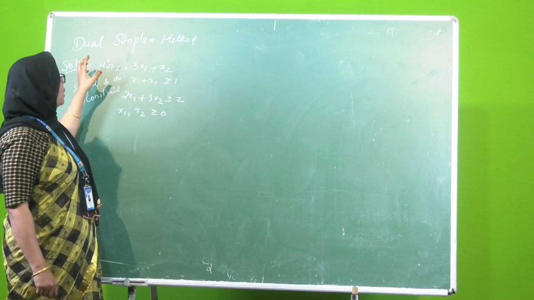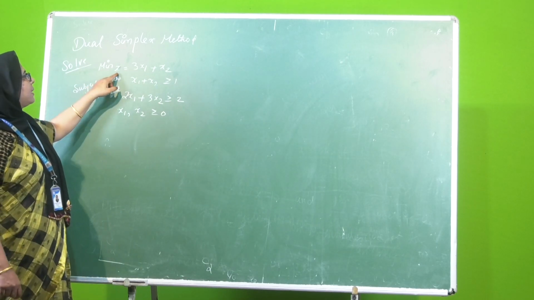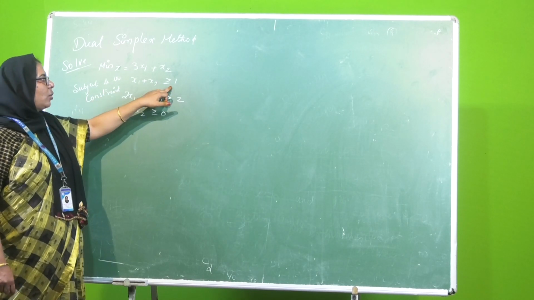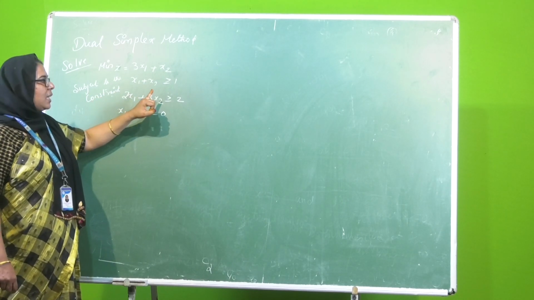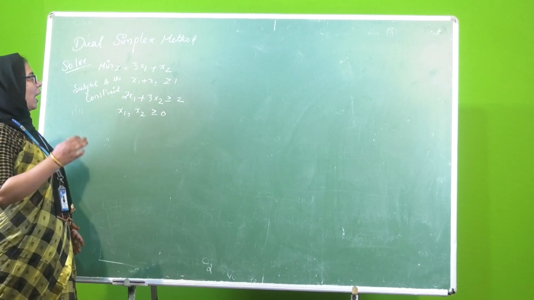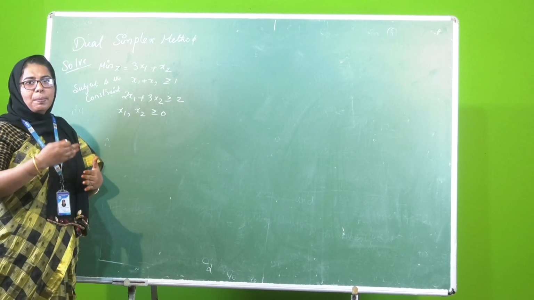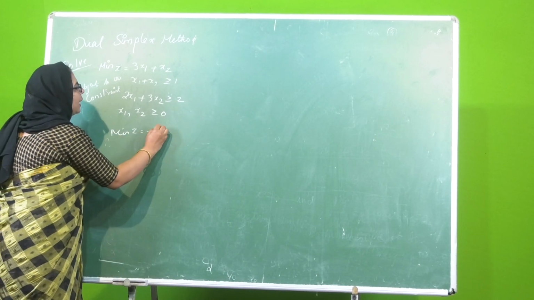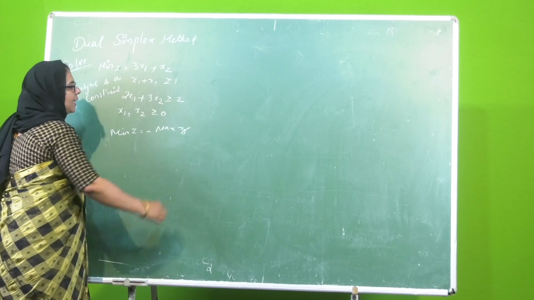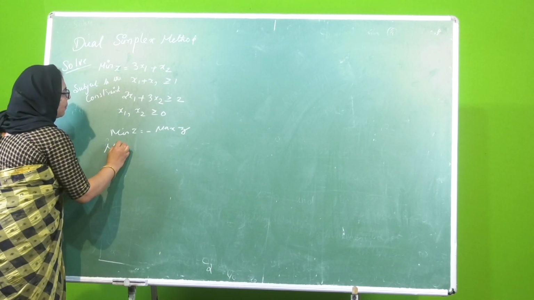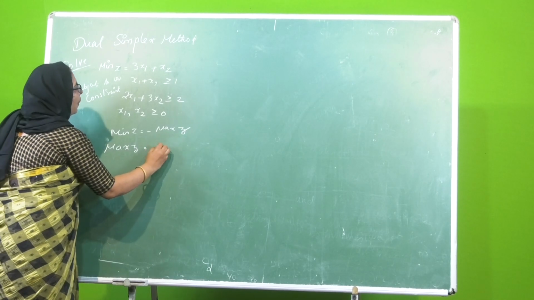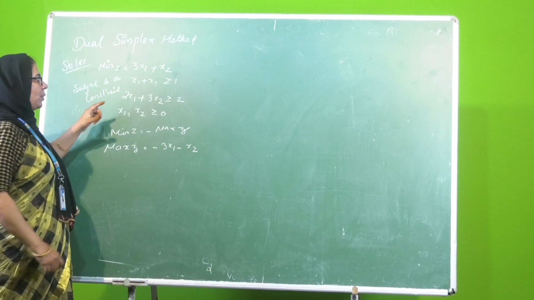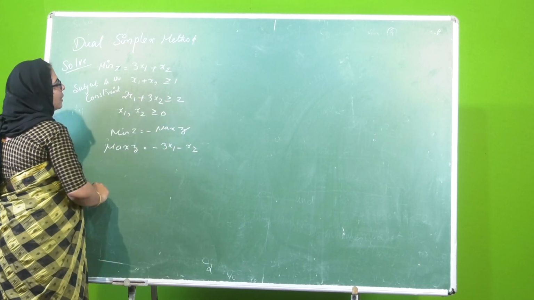So the given question is minimize z equal to 3x1 plus x2, subject to the constraints x1 plus x2 greater than or equal to 1 and 2x1 plus 3x2 greater than or equal to 2. So you have to convert the minimize z to maximize z. Minimize z is equal to minus of maximize z. So maximize z is equal to minus 3x1 minus x2, and in the given constraints you have to convert greater than or equal to into less than or equal to.